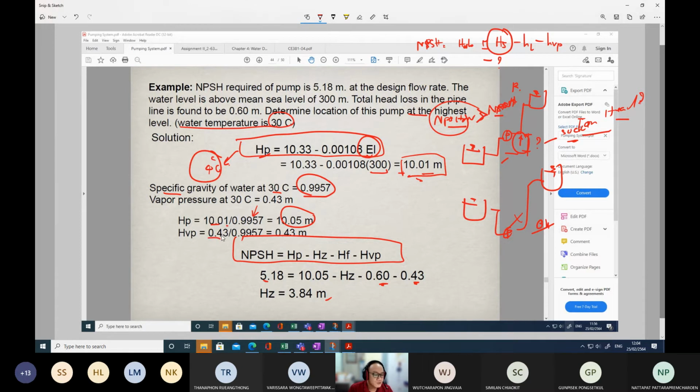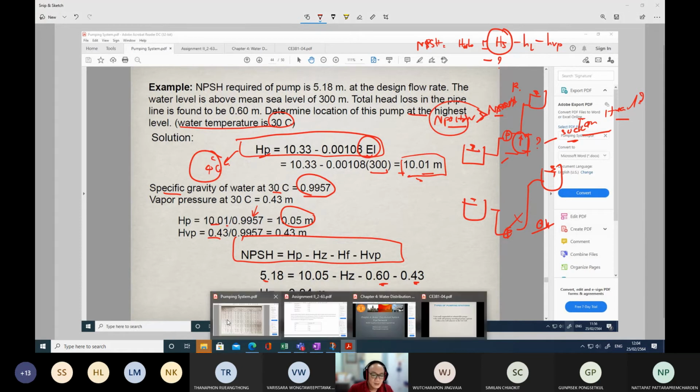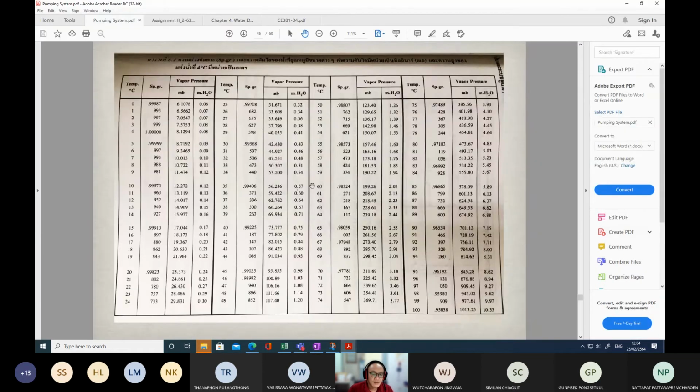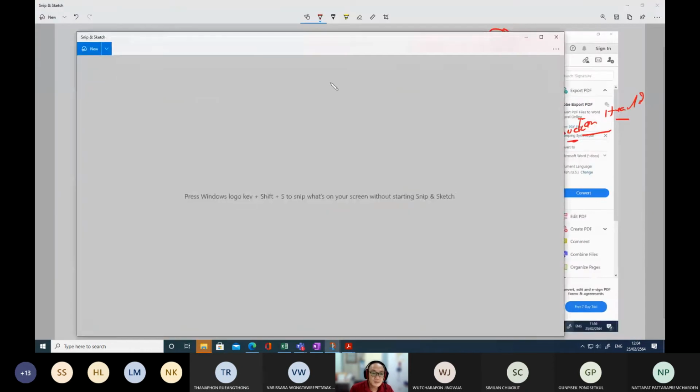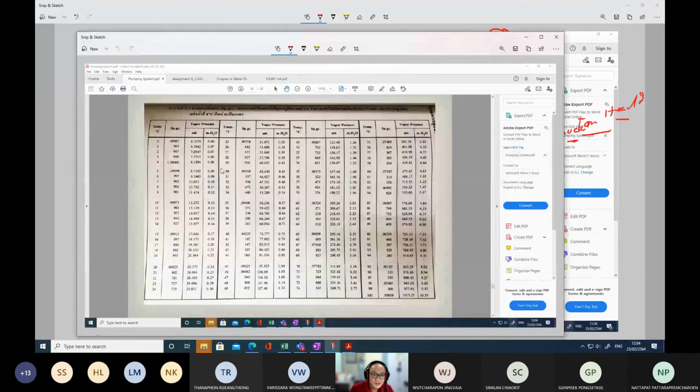Similar to the vapor pressure, we have obtained it from the table at 30 degrees Celsius. The vapor pressure measured in terms of meters of water is 0.43.